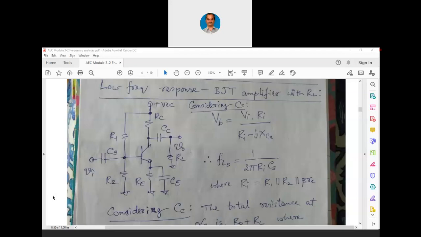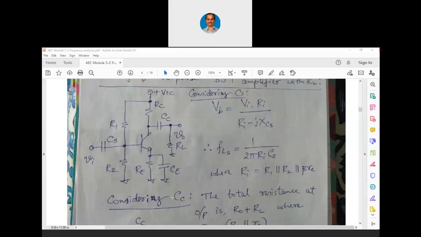Now let us consider the capacitance CC, the capacitor at the collector. Now considering CC, the total resistance at output is R0 plus RL. R0 is the output resistance, and we have RL here. You have to visualize always R0 here in series and RL connected across the output. So looking from the output side, we will have these two resistances in series.